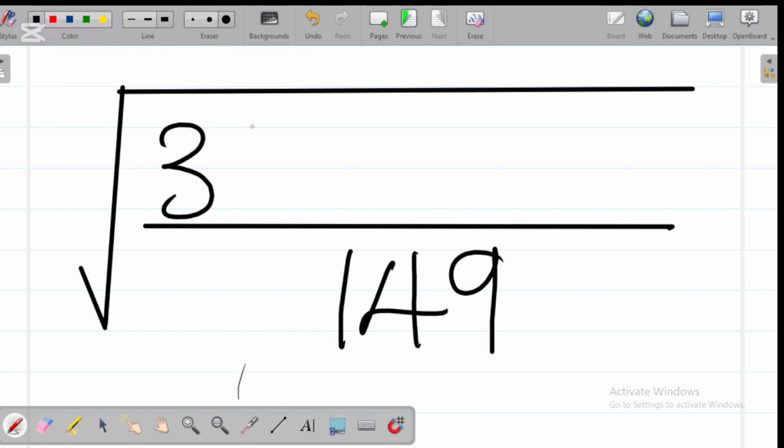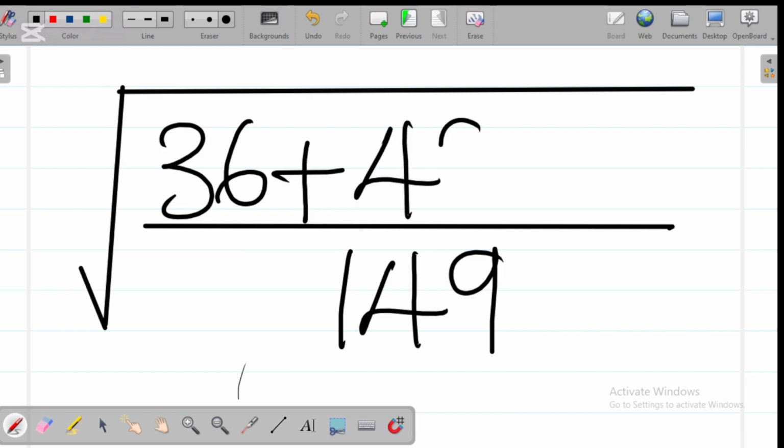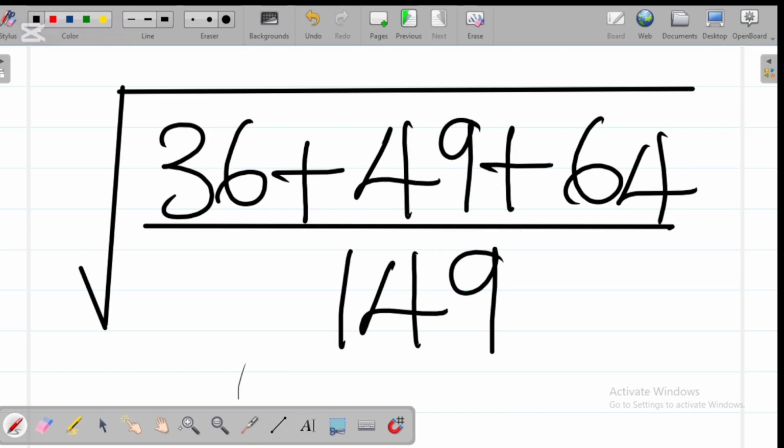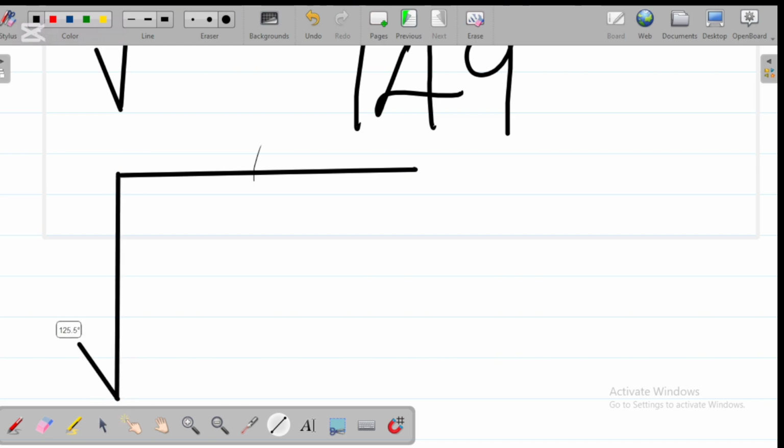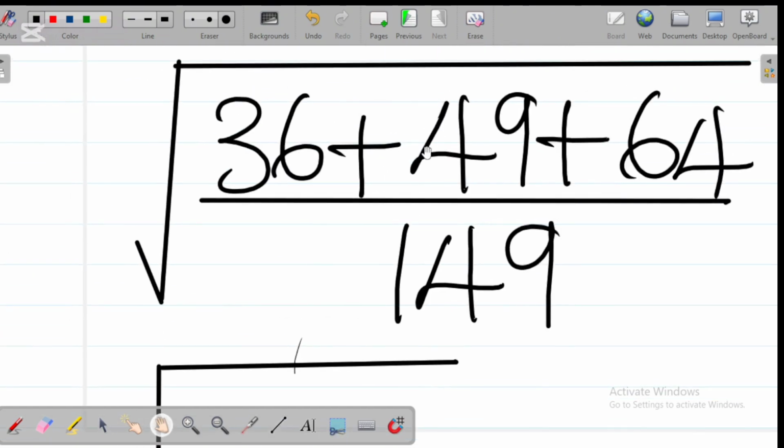And then we have 36 plus 49 plus 64, all under the square root. 36 plus 49 plus 64 is what?